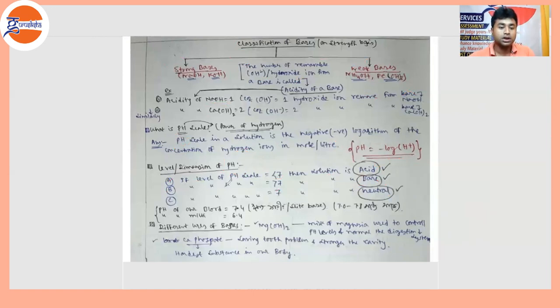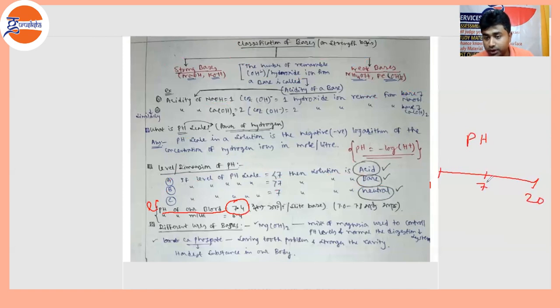Okay, the different uses of pH. As an example, the pH of our blood is 7.4. As I have already told you, if it is a pH scale, the middle point is 7.